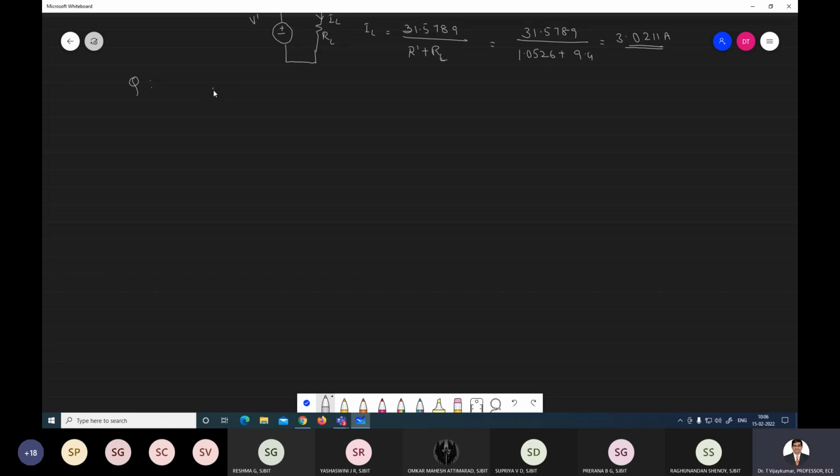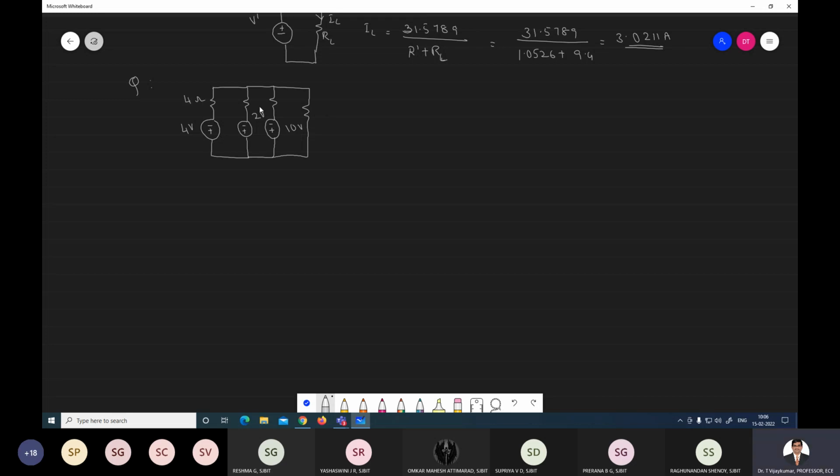So this is the diagram. This is negative, positive, and here a resistor; negative, positive, and here a resistor; negative, positive, and here a resistance. This is 4 volt, this is 2 volt, and this is 10 volt.